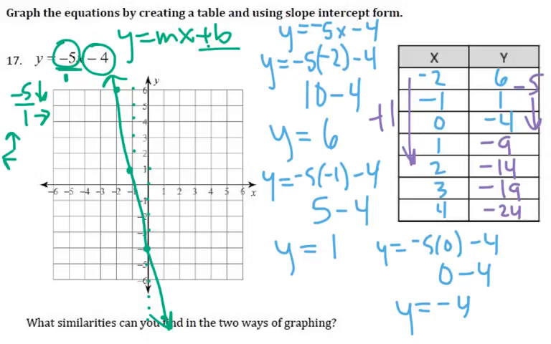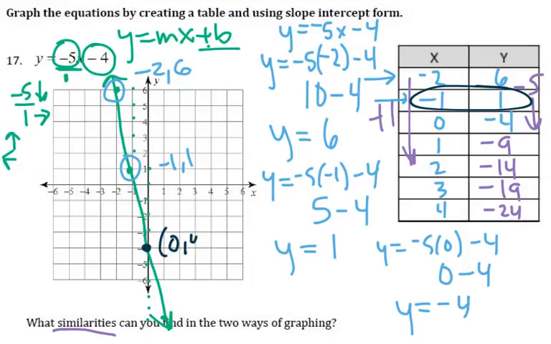Now, similarities. So what are some things that you're seeing that's the same here? Well, we had a point right here, right? That point is negative 2, 6. Do we see that? We see right there. We had this point, negative 1, 1. We had that point right there as well. Okay, our y-intercept, 0, negative 4.